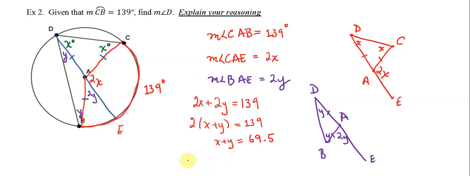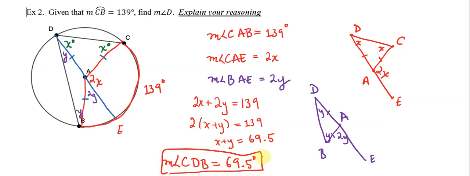All right, and there you have it. We've actually arrived at our final answer: the measure of angle D, or more specifically, the measure of angle CDB, is equal to x plus y, which equals 69.5 degrees. Okay, so a slightly more complicated example, but we still get to the final solution.